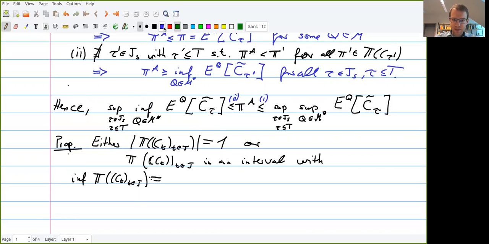So, by the supremum of all exercise strategies, and then the infimum over all equivalent martingale measures, I take the prices of the European option generated by the stopping times tau, and the supremum of this set.